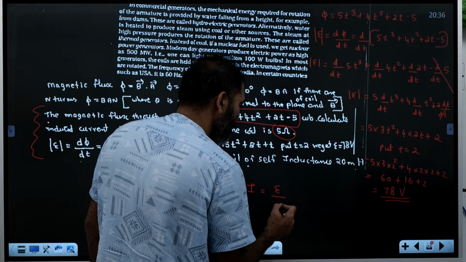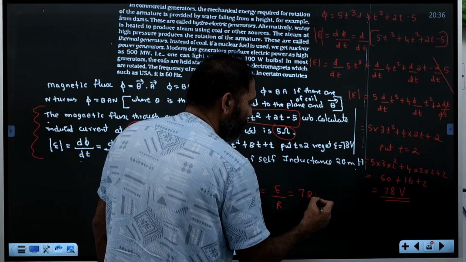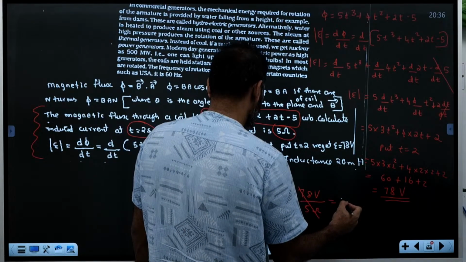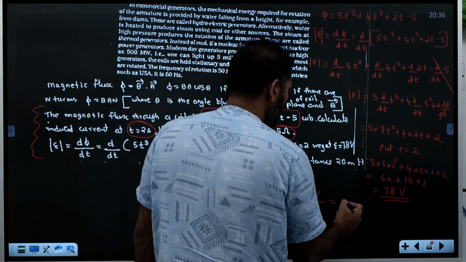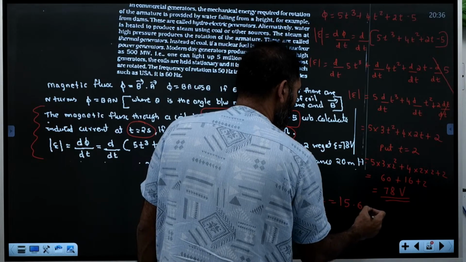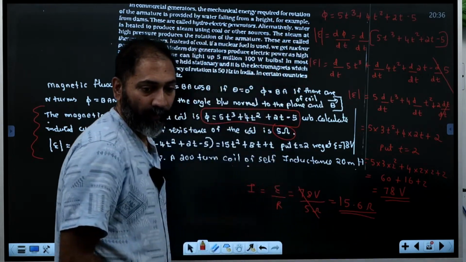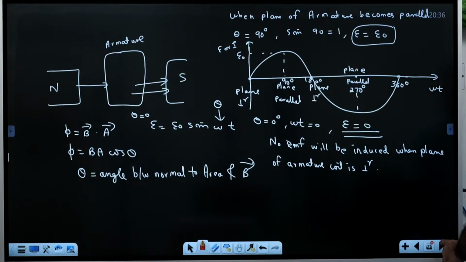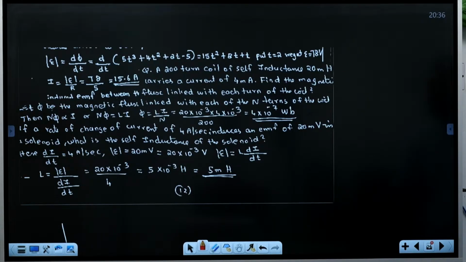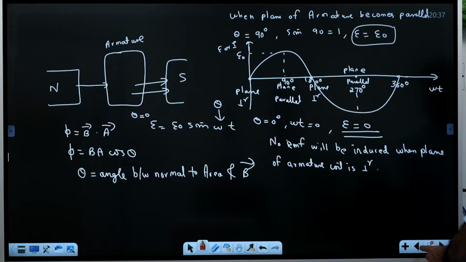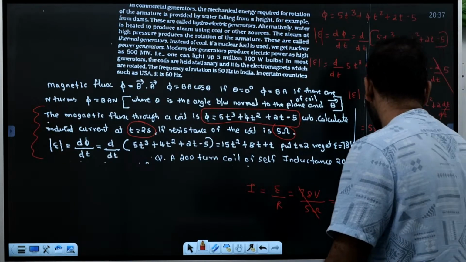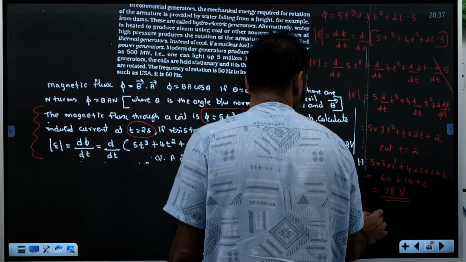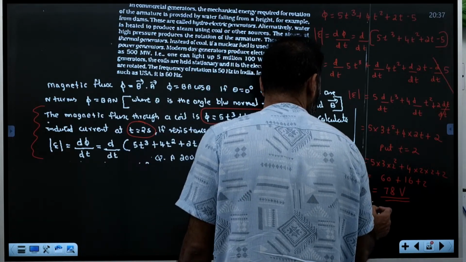Induced EMF by resistance. Induced EMF is 78 volt and resistance is 5 ohm. So, answer is 15.6. I said ohm, but 15.6 ampere since we are calculating current. It should be 15.6 ampere.